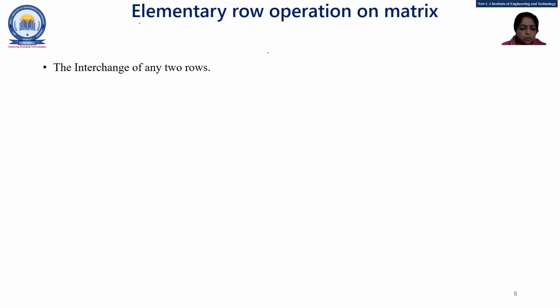Okay, so suppose I write here Rij. What does it mean? R denotes row, i the ith row, j the jth row. The meaning of this symbol is that I'm going to interchange the ith row with the jth row, right? So, interchanging the ith and jth row.